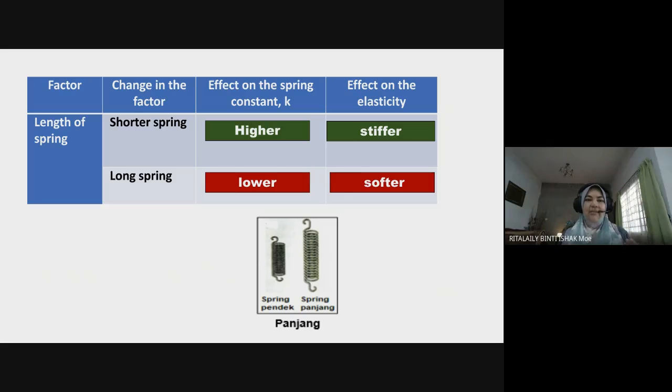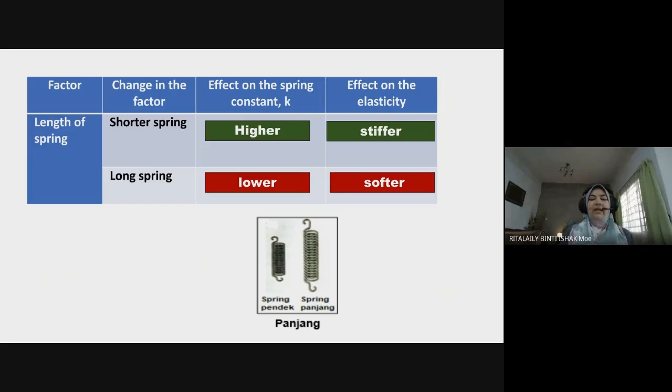Because if you hang weight, the length of spring will increase because the spring is extended. Or if you compress the spring, the length of spring will become smaller. So for constant variable, if we want to look at the relationship between force and extension, one constant variable is initial length of spring.